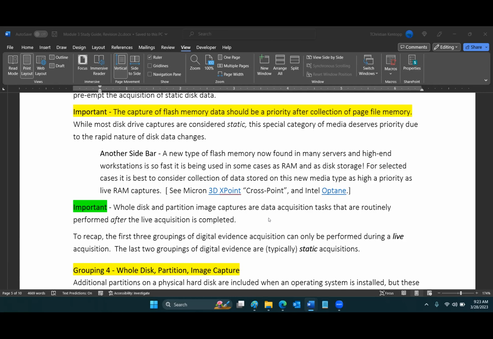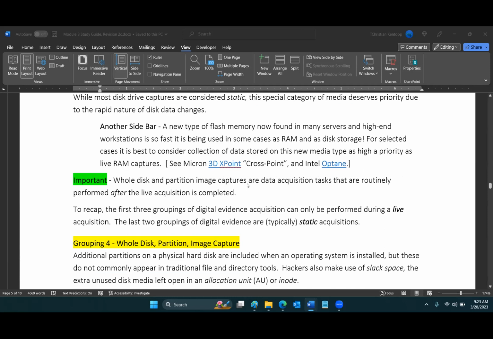Including incident handlers. Whole disk and partition image captures are data acquisition tasks that are routinely performed after the live acquisition is completed. Now, what that means and why that's highlighted important in green is many times we just collect the hard drives.